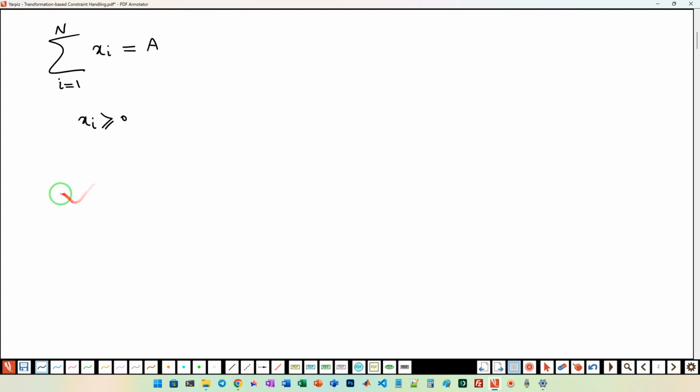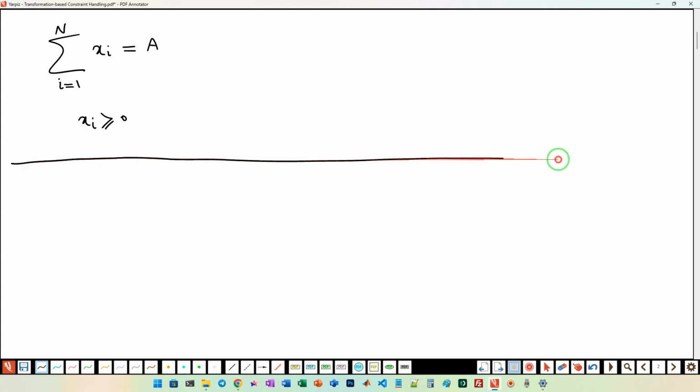These are the steps to do this. Let's create n numbers between 0 and 1, which are called t_i.